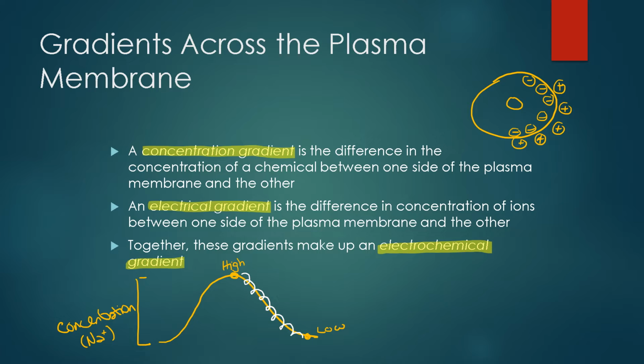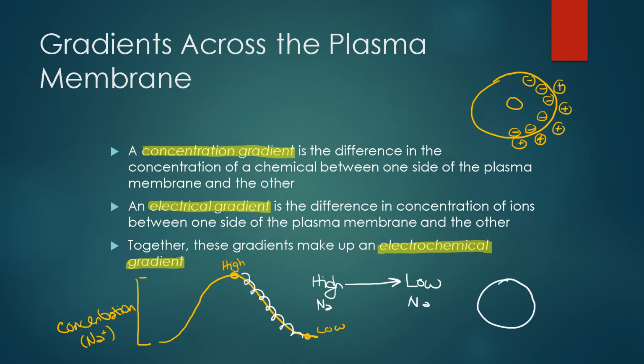And so all ions will always want to move from areas of high concentration, and naturally will want to move to areas of low concentration of their particular ion. So in this case, with a high concentration of sodium, those sodium ions will want to move to areas where there's not very much sodium. It's kind of like it is too crowded in the high concentration areas.